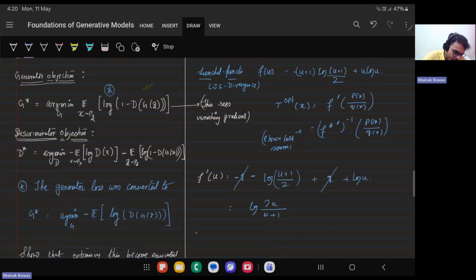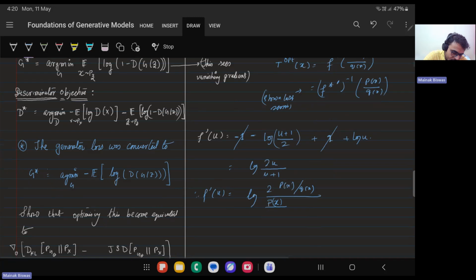Therefore, f dash of u is given by log of 2 times px by qx over px by qx plus 1, which is log 2 plus log of px by (px plus q theta of x).